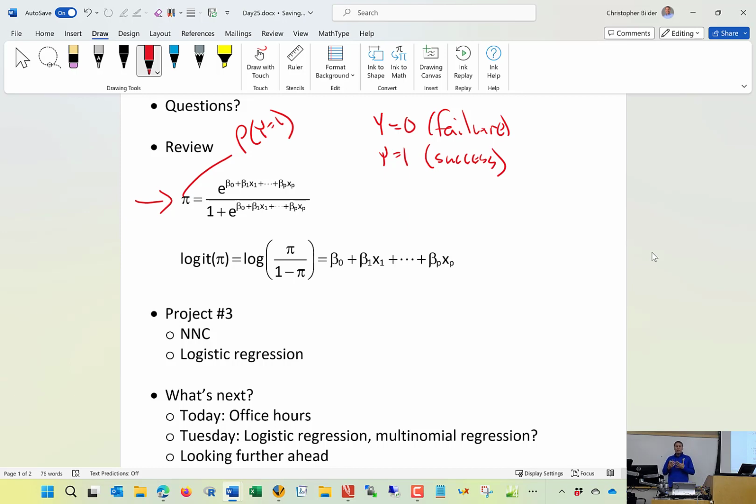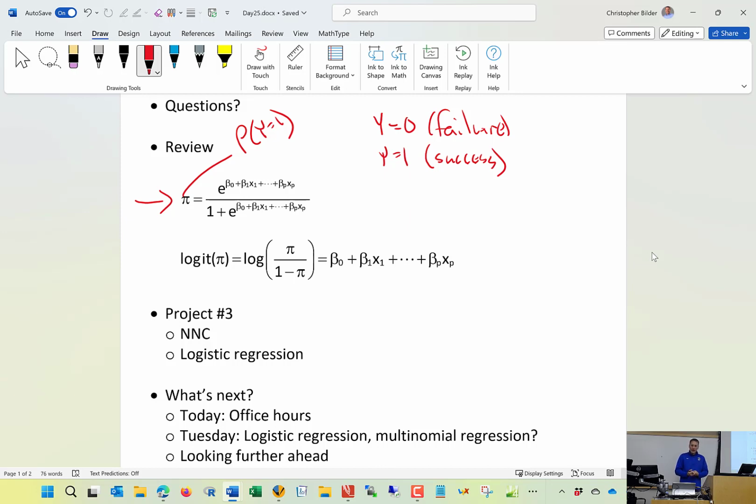And we set pi equal to the exponential function evaluated at a linear combination of regression parameters, these betas, and these x's, which are our independent variables. All that divided by 1 plus e raised to the linear combination again. Okay?